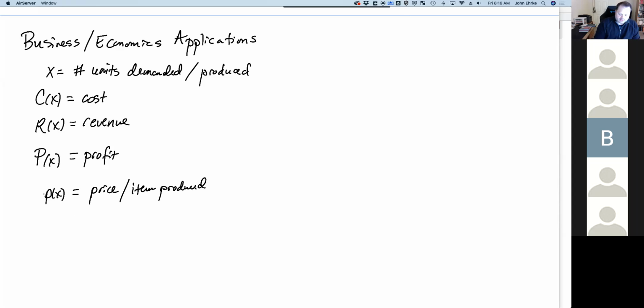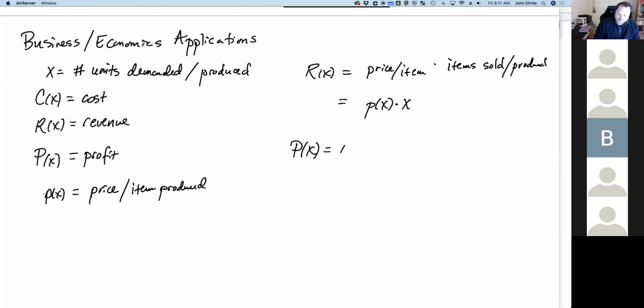We know that revenue is price per item times number of items sold or produced. So the revenue here would be P of X times X. We also know that profit is revenue minus cost.